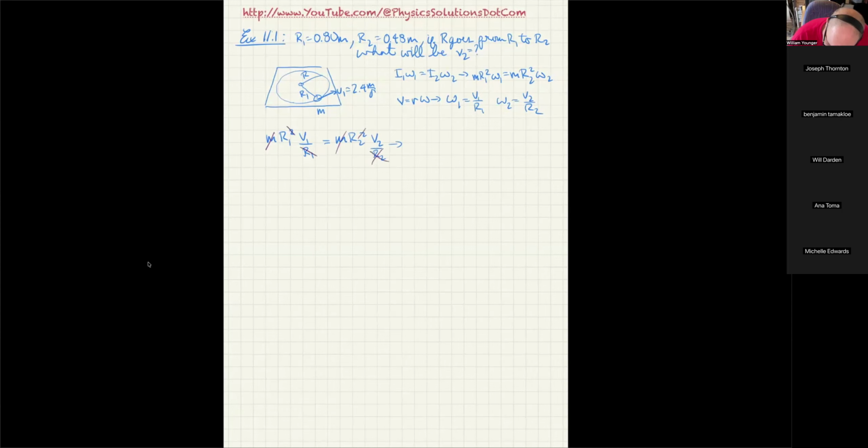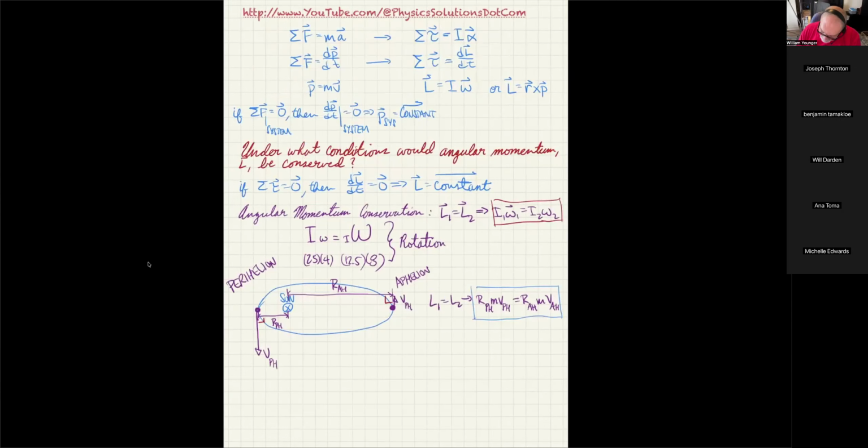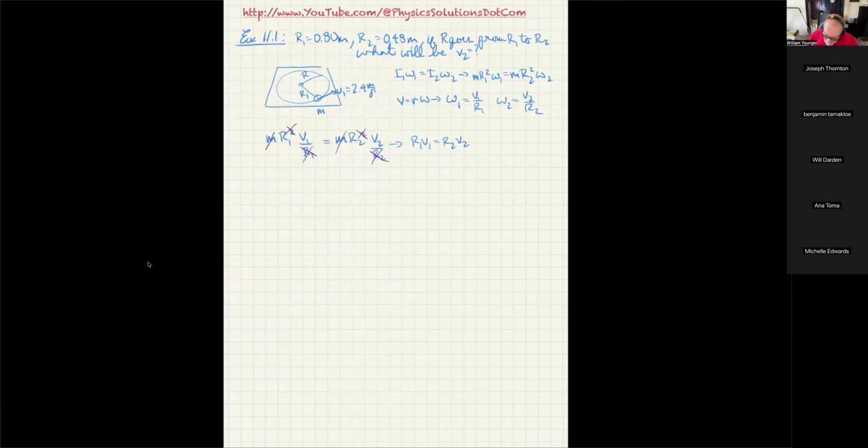So with all that, what I have is r1 v1 is equal to r2 v2. Notice that's exactly the form that I started off with. The m can just be canceled out, but that's why I said this is conservation of angular momentum for the planet at two different points in its orbit. So we've got the same equation. Now I can work all this out.